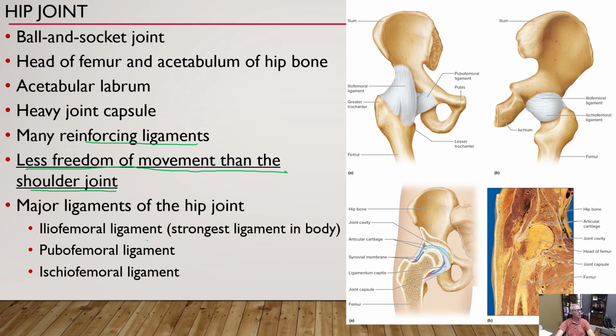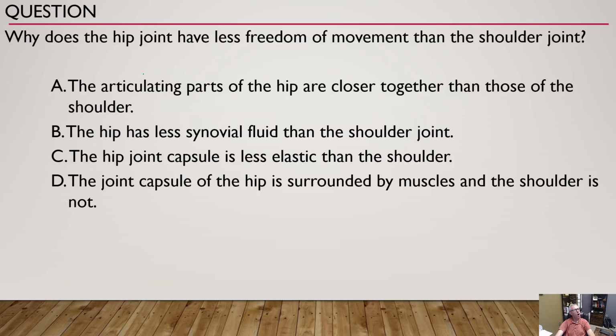And we're not going to memorize any of the ligaments for the hip joint. So why does the hip joint have less freedom of movement than the shoulder joint?